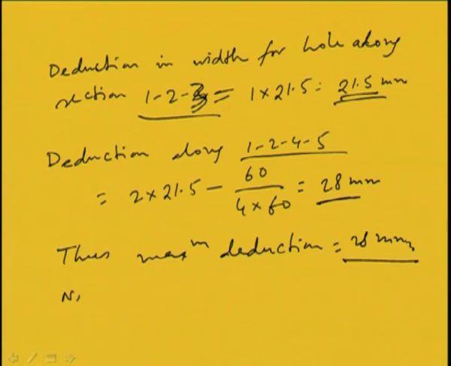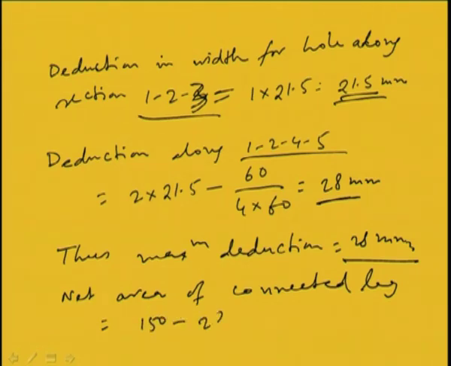So net area of connected leg, this will be how much? Net area of connected leg, that is (150 minus 28 minus t by 2) into t. This will be net area of connected leg.